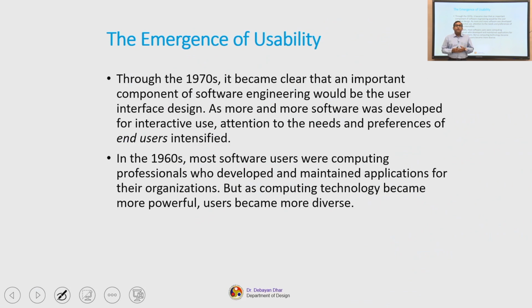This is the medium through which they would ensure that the tasks and goals are completed. As more and more software was developed for interactive use, attention to the needs and preferences of end users intensified.